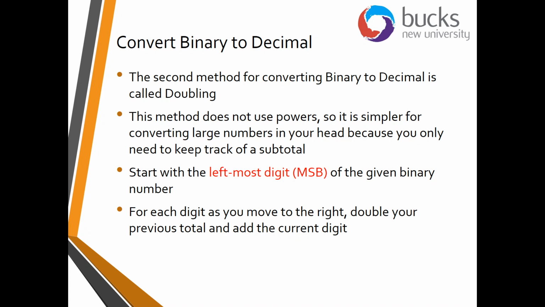It's the largest bit because it will be under the highest power. For each digit as you move to the right, you double your previous total and then add the current digit to it.